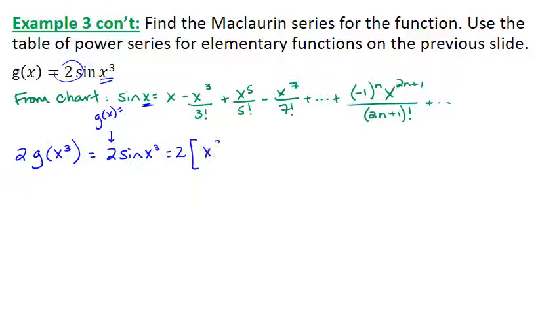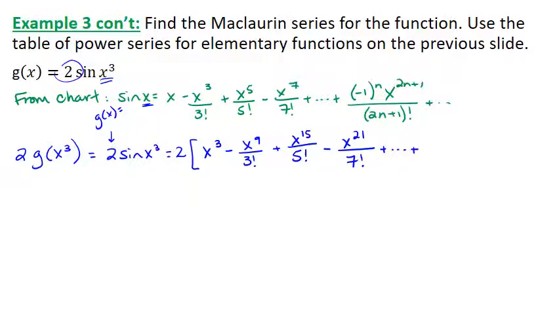So we have x cubed minus x cubed cubed is x to the 9th over 3 factorial, plus x cubed to the 5th is x to the 15th over 5 factorial, minus x cubed to the 7th is x to the 21st all over 7 factorial.